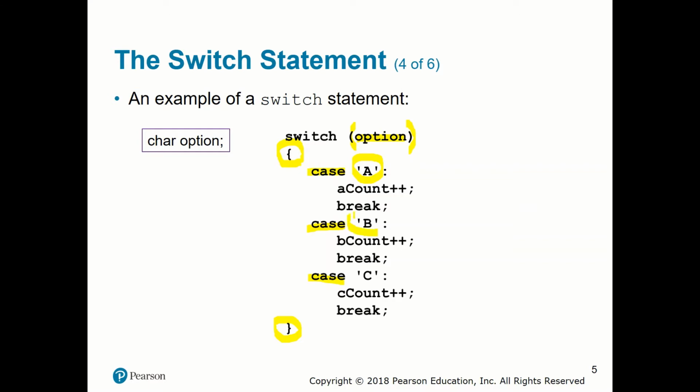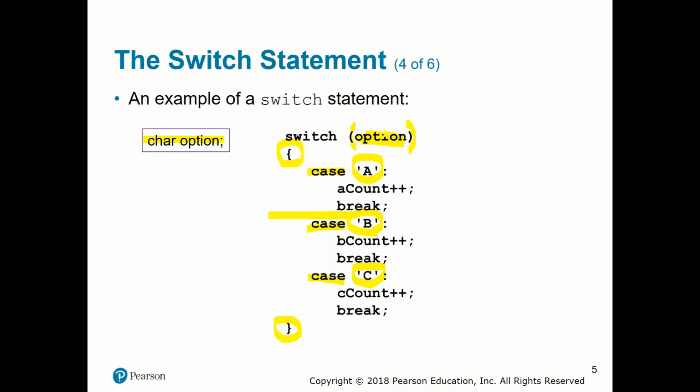Case B, also B can be an option. Also C can be an option. So the value in the case statement should be the same type as this variable. We can think option is char type, and option will have some value.